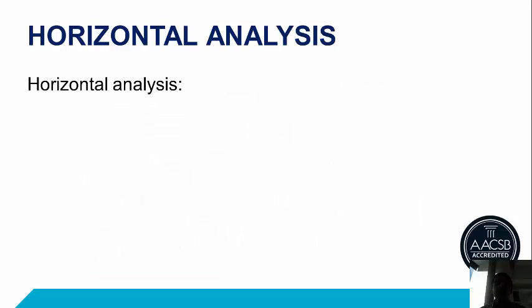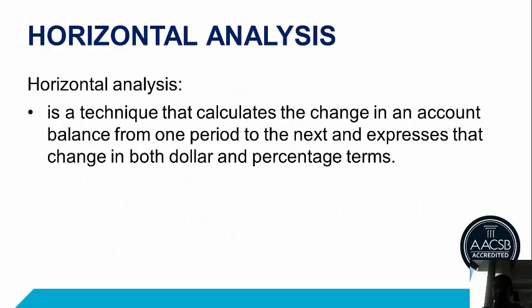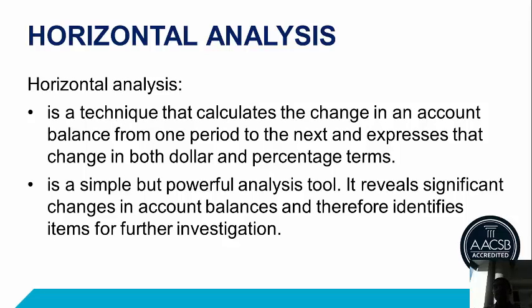Let's now think about horizontal analysis. Horizontal analysis is a technique that basically calculates the change in an account balance from one period to the next. It then expresses that change in both dollar terms and percentage terms. It's a very simple tool, but I can tell you from sitting on boards of medium to large organizations that it is a tool that the board loves.